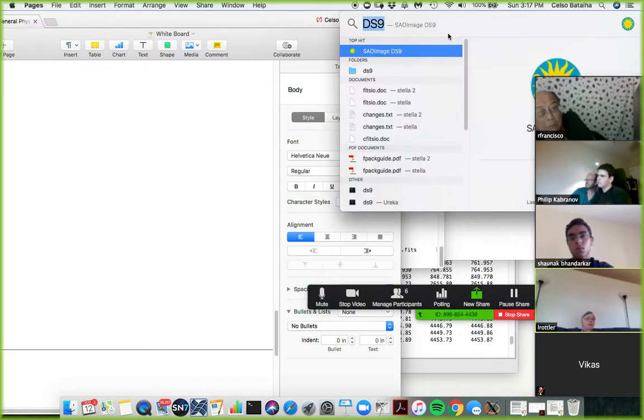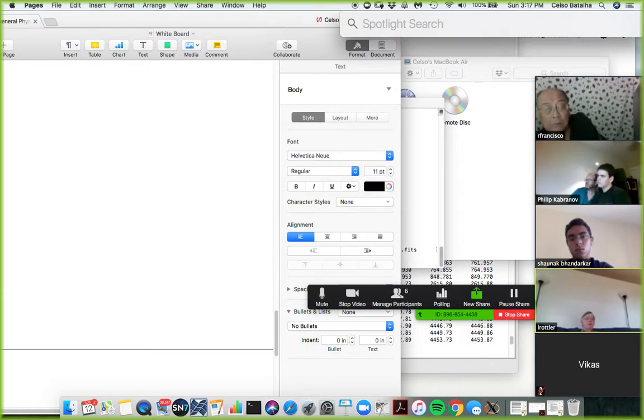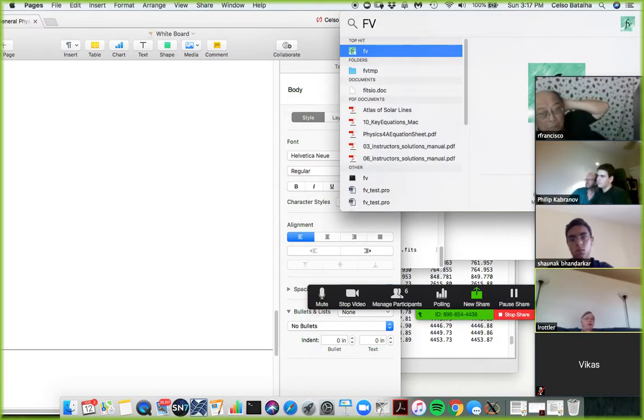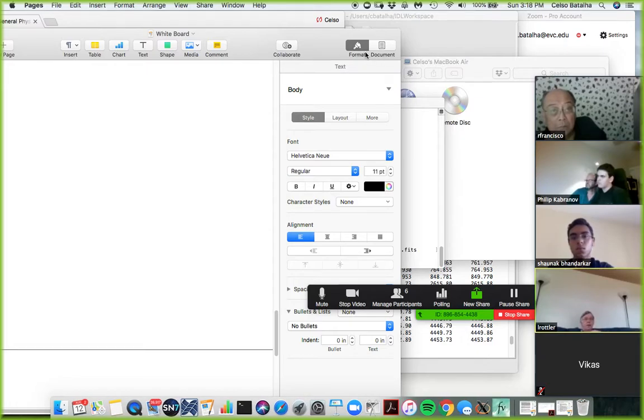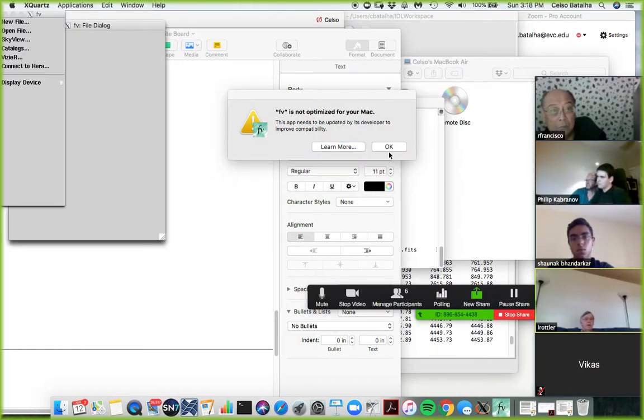Go to Spotlight and S for Sam. FV is not optimized for your Mac.